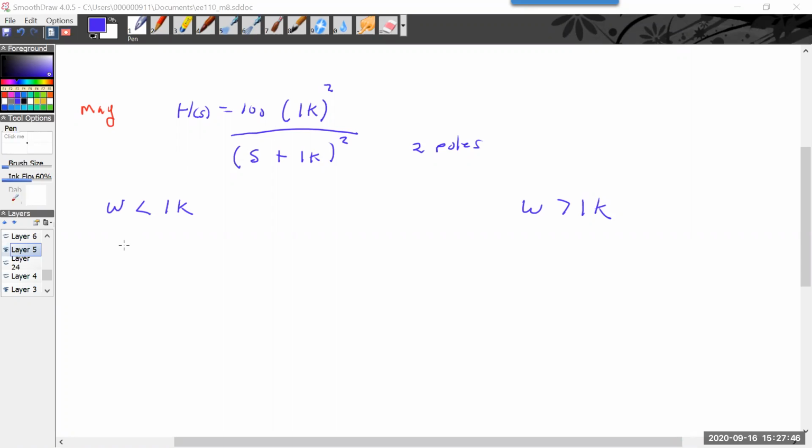So in that regime, since we're saying omega is less than 1K, H_S can be approximated by 100 times 1K over omega in comparison to 1K, which is considered to be 0, right?